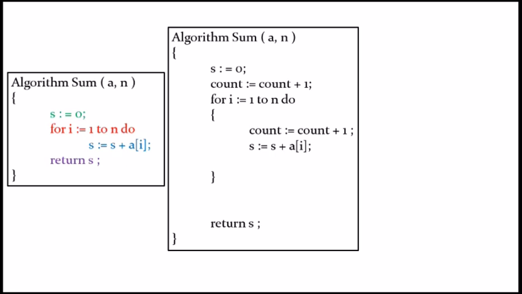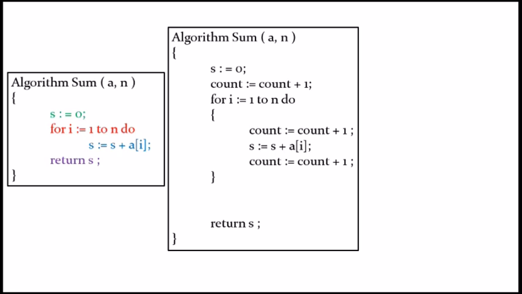Next, there is another statement in the for loop, that is s equal to s plus a of i. So this statement is also repeated how many times? n times. So for that also we will take another count statement. So this count statement is for s equal to s plus a of i. So this statement is also repeated n number of times.